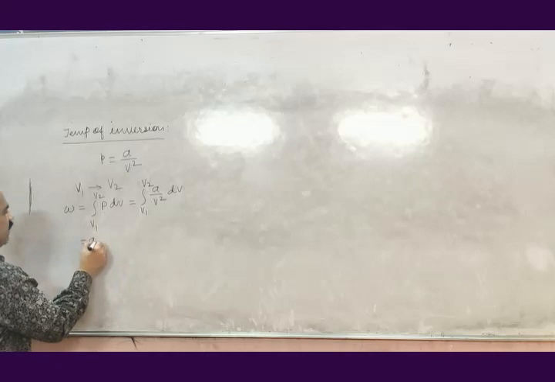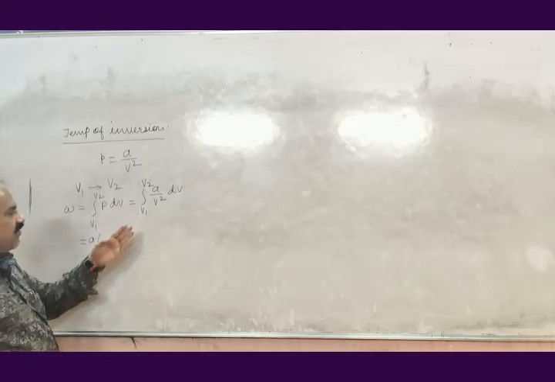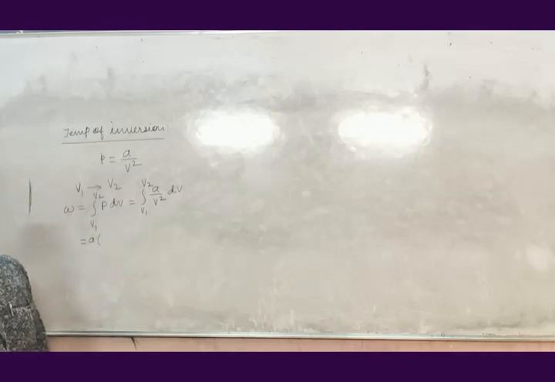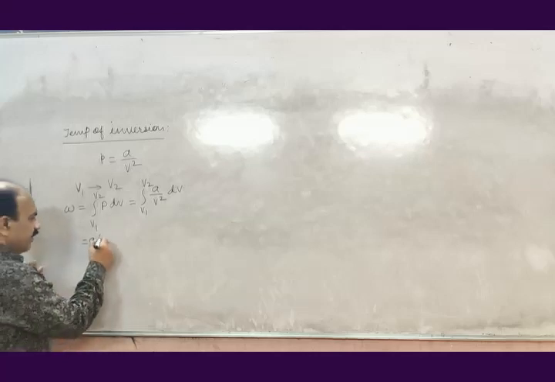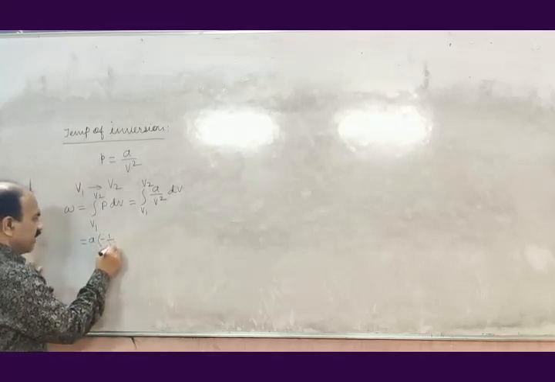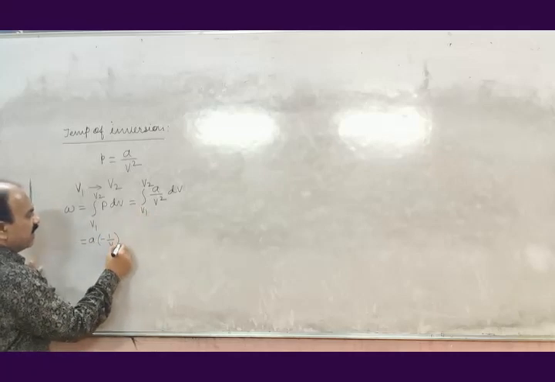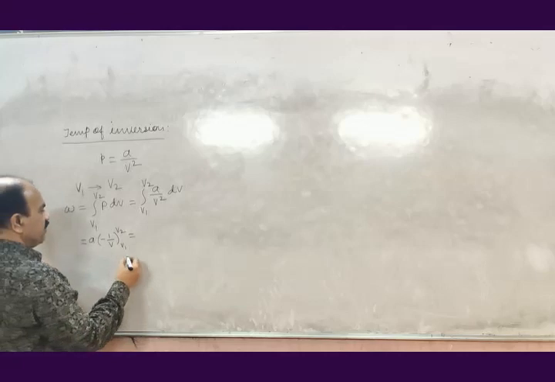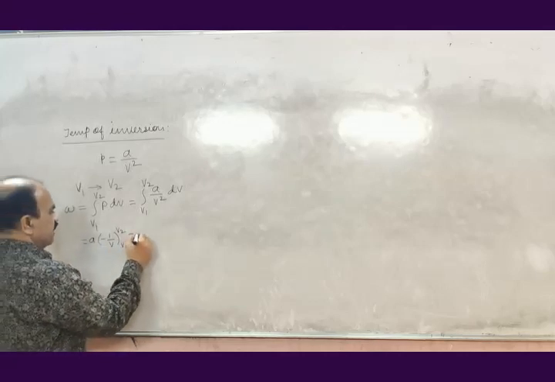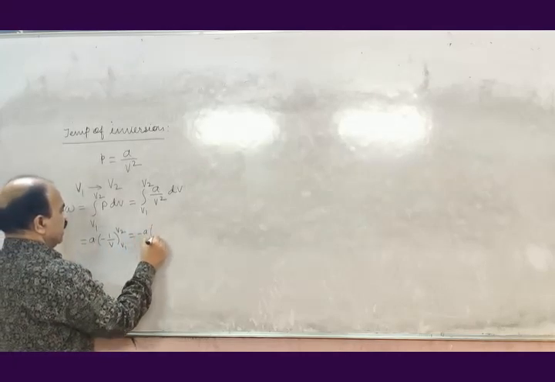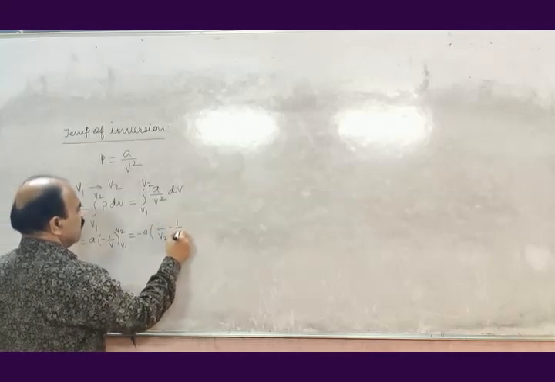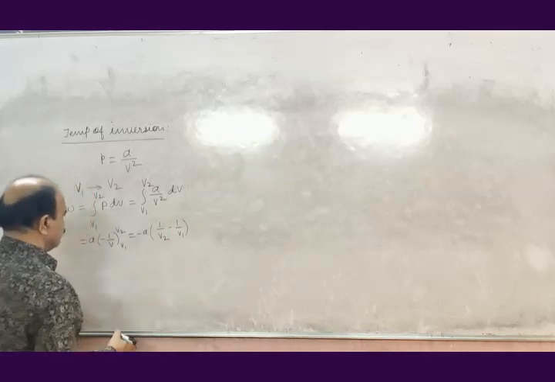A is constant, can be taken out, and what will be the integration of 1 by V square? Integration of 1 by V square is minus 1 by V. Limits are V1 to V2. This is equal to, let us take this minus outside, minus A into 1 by V2 minus 1 by V1.